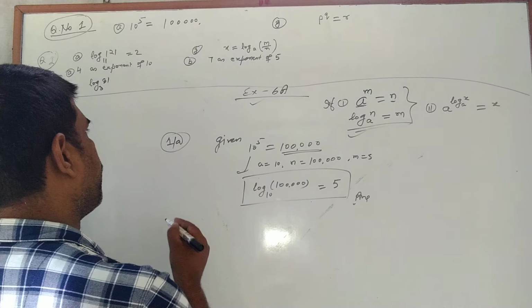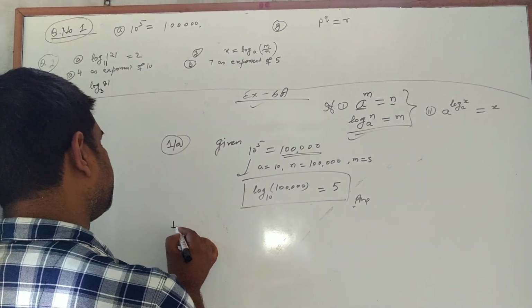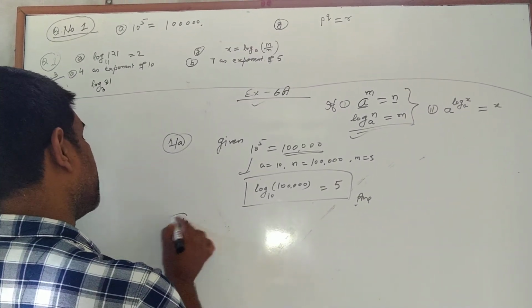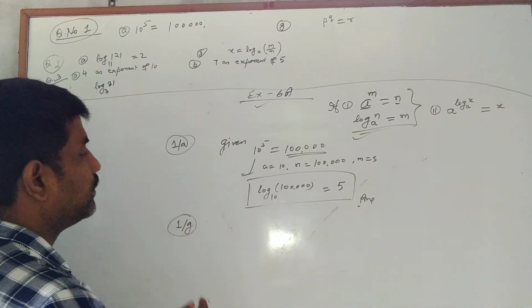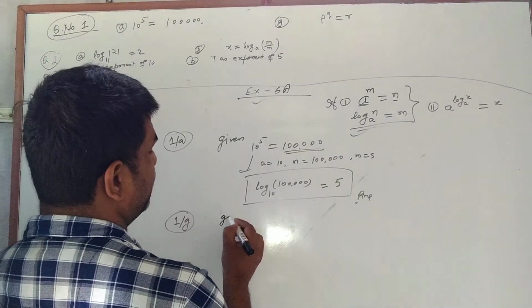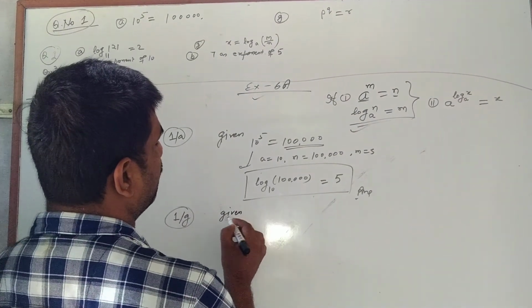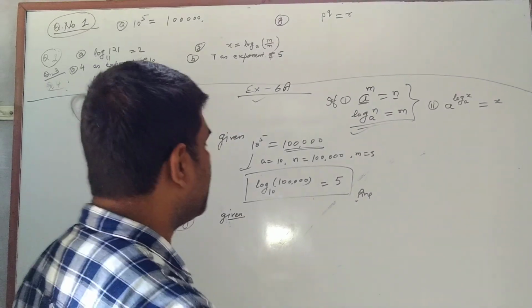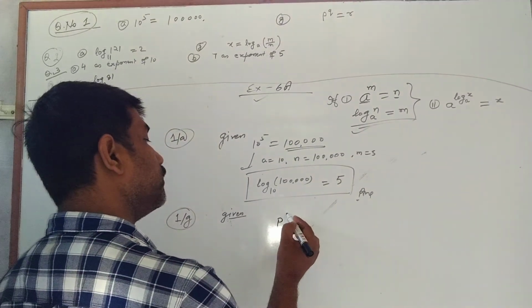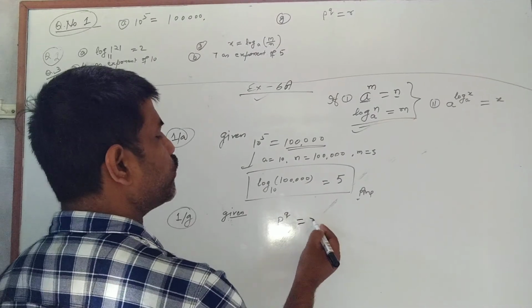Similarly, the G part of the first question. What is given? p to the power q equals r.